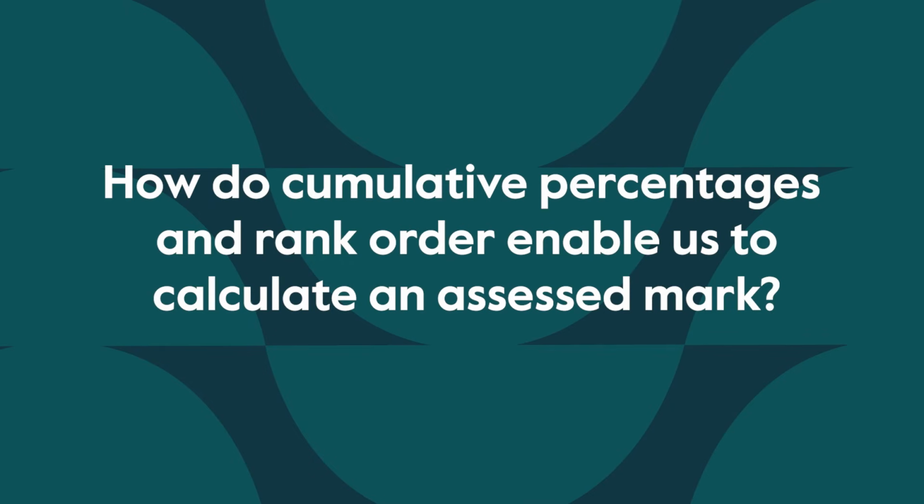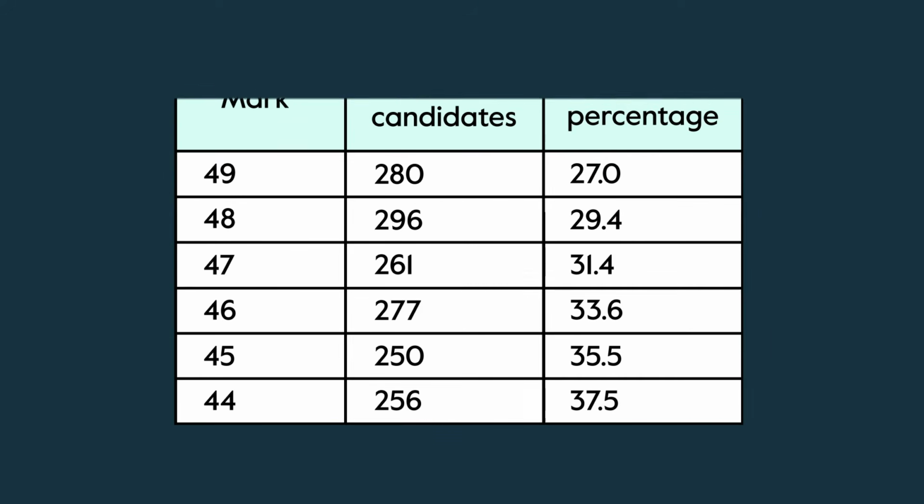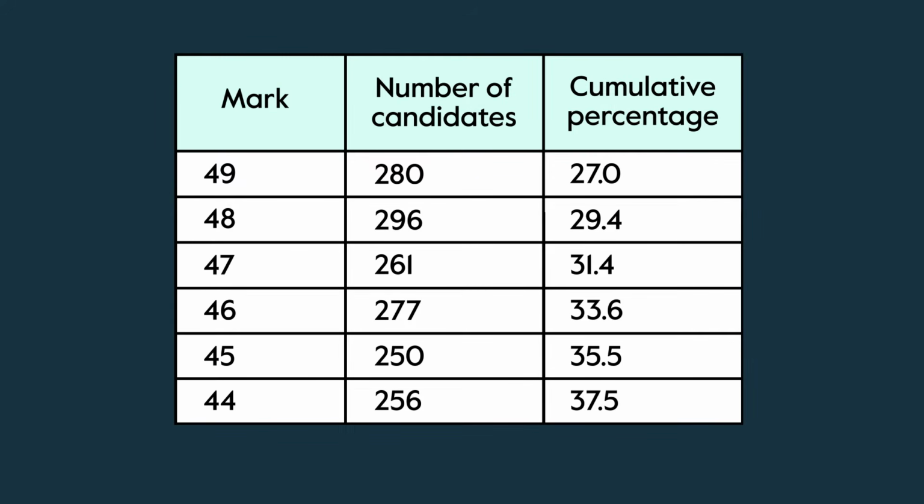So how do cumulative percentages and rank order enable us to calculate an assessed mark? We compare the marks the candidates scored in the components they sat with all the Cambridge candidates worldwide who sat those same components. We then identify the percentage of candidates at or above the mark the candidate achieved, the cumulative percentage.